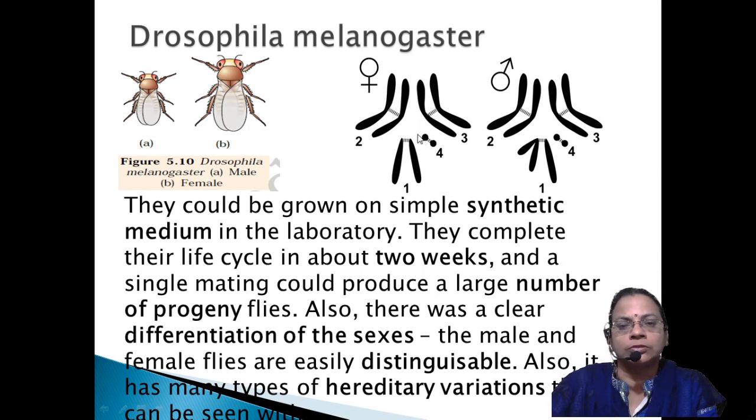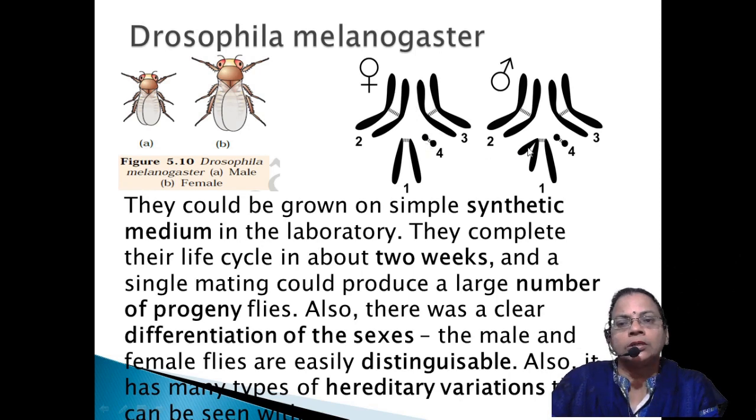So we have learned acrocentric, telocentric, then submetacentric and metacentric. So all these different types of chromosomes are possible, and very easily we can distinguish their chromosomes.